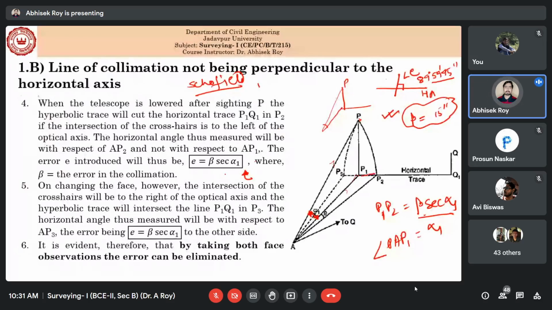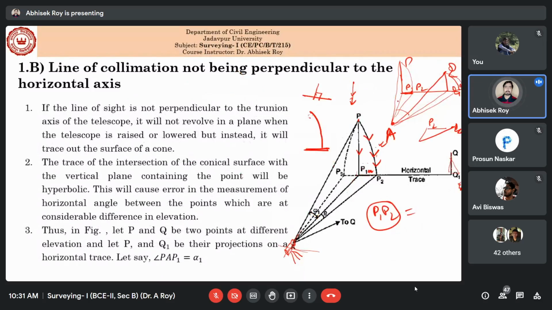So from the derivation we can prove that P1P2 will be beta sec alpha 1. The total error that we are making, that is P1P2, is beta sec alpha 1.